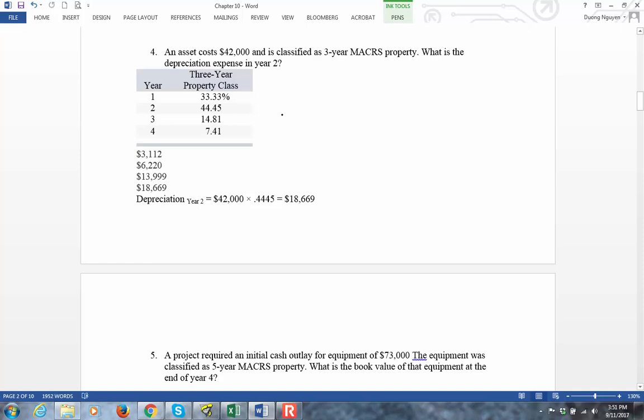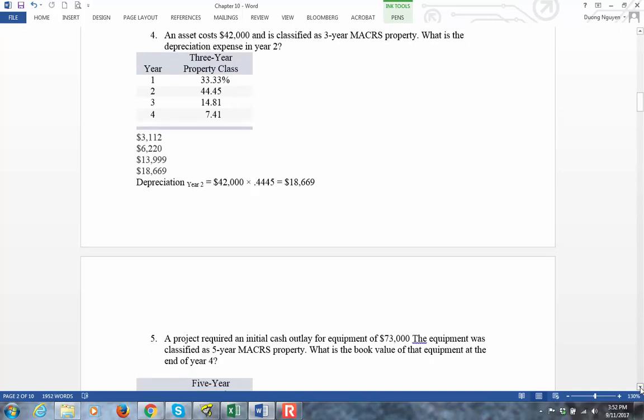As you can see in the table, the depreciation expense in year 2 is 44.45% of the book value. So if the book value is 42,000 and you multiply with 0.4445, you get 18,669. So that is the amount of depreciation in year 2.